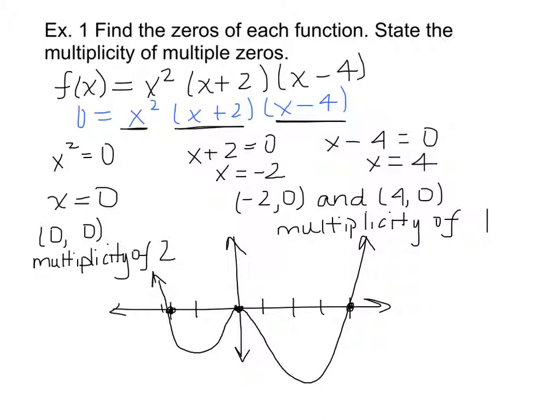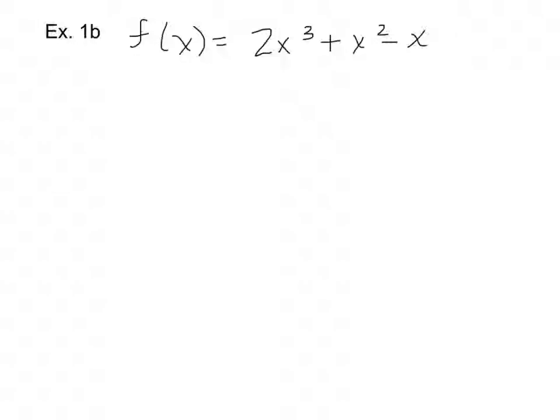Okay, so for multiplicity, first of all you set the factors equal to 0 if it's already factored. If it's not factored, you have to factor it first. Let's try another one. Okay, here's another example. This one is not in factored form. So I'm going to take out a GCF of x.